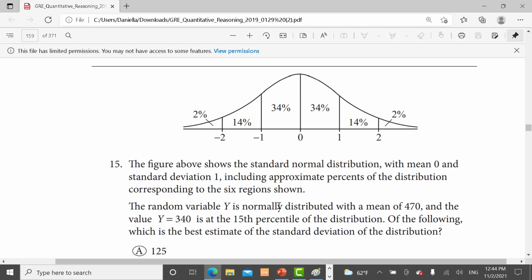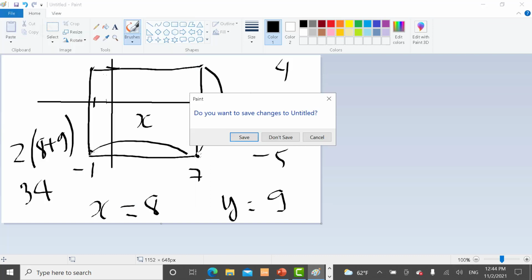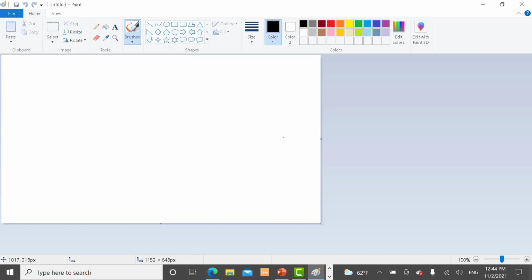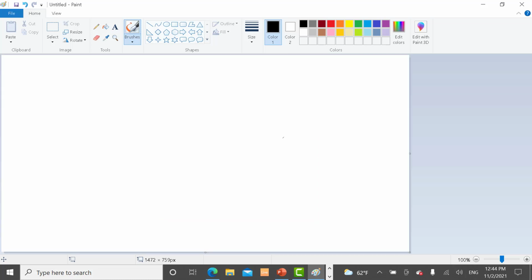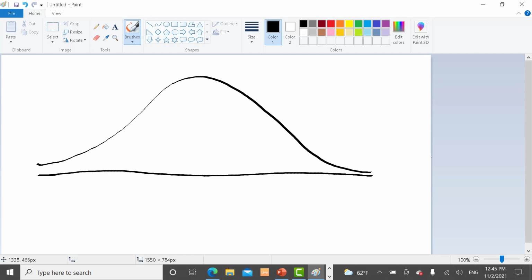So I'm going to use a whiteboard for this. Okay, let's say I draw a bell shape, and for this bell shape the mean is 470.